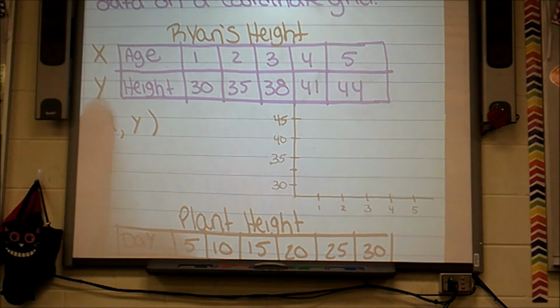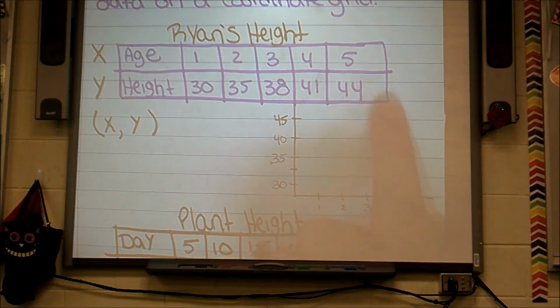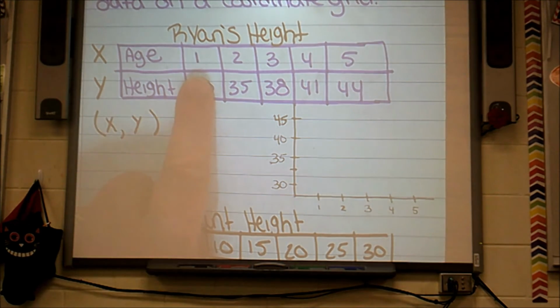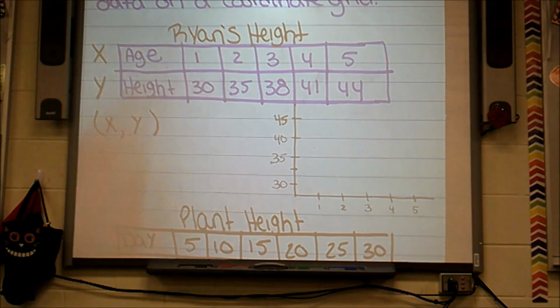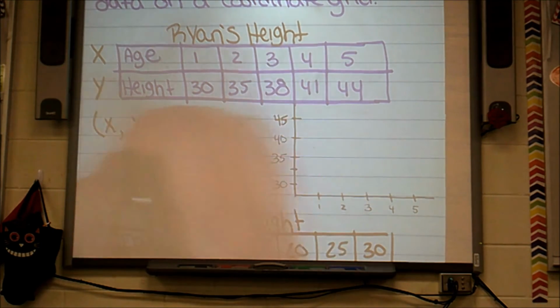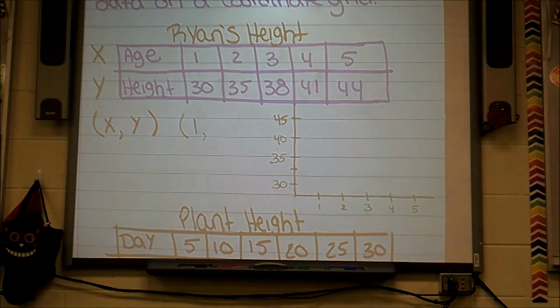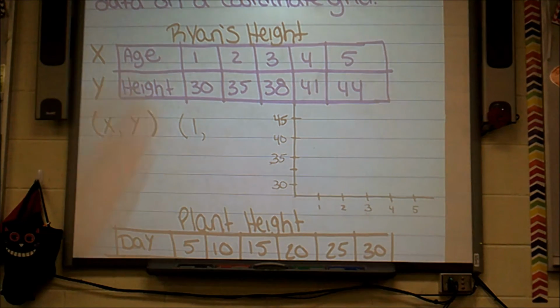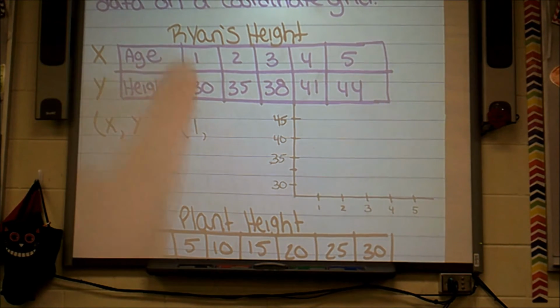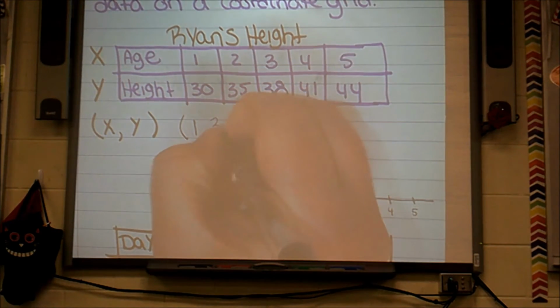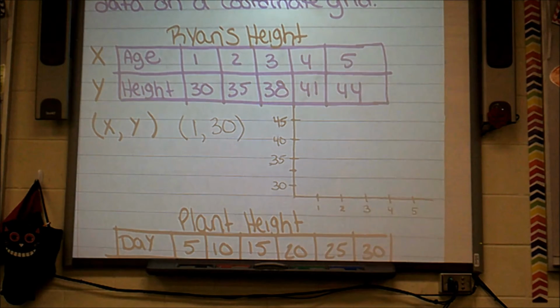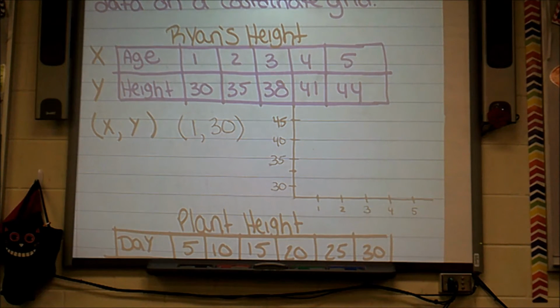And here I can see my height is going to be my y. So my first x is 1. So in my parentheses, my 1 goes in that x spot, which is the first number in my parentheses, which means the y for 1 year is 30. It's a relationship, guys. The 1 goes with the 30. Because he is 1, he is 30 inches.